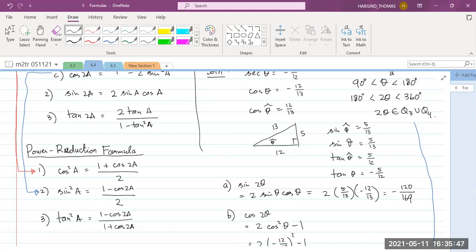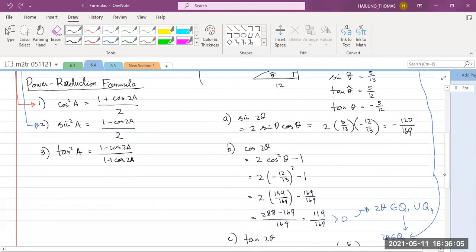Our textbook seems not to emphasize the power reduction formula until much later. But I want you to realize that it is very powerful and important. Even though I don't put it in a certain group, not group 1, not group 2, not group 3, we just call it the power reduction formula.